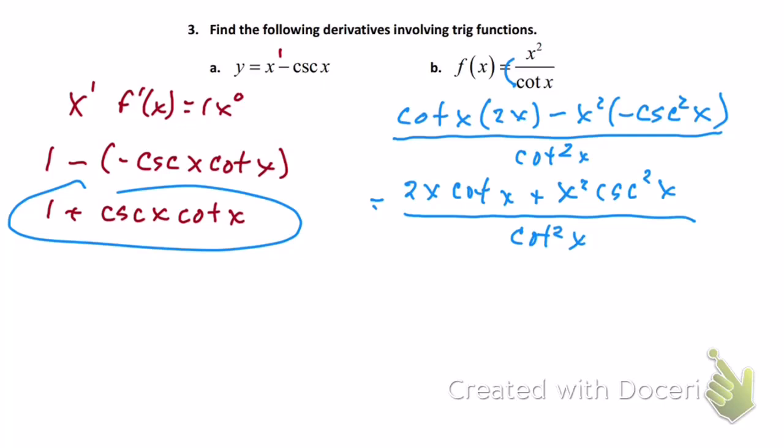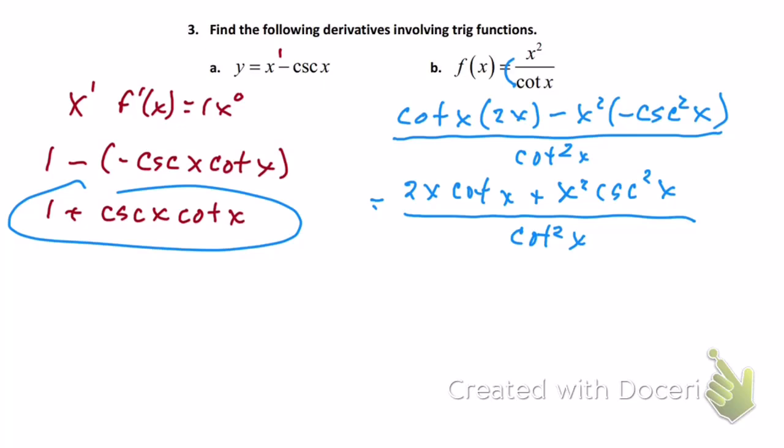Can we reduce that some? Yeah, maybe. Do you want to? Unless there's something in the problem that would indicate you should, I just leave it like that. Well, if you took the sine squared of the cotangent squared x and put it up to the top, it would cancel out.